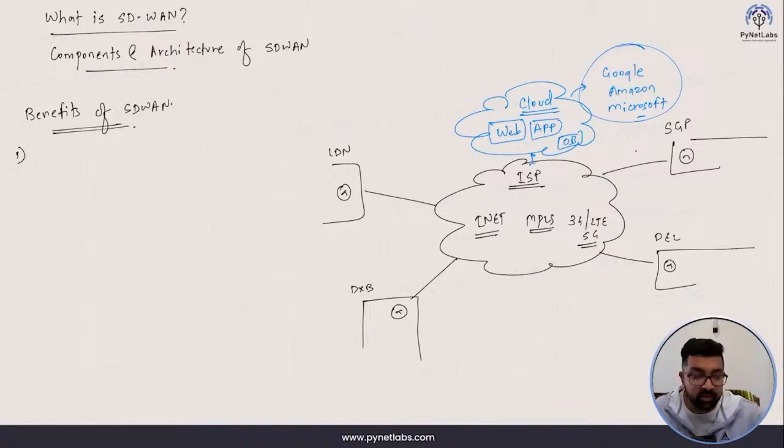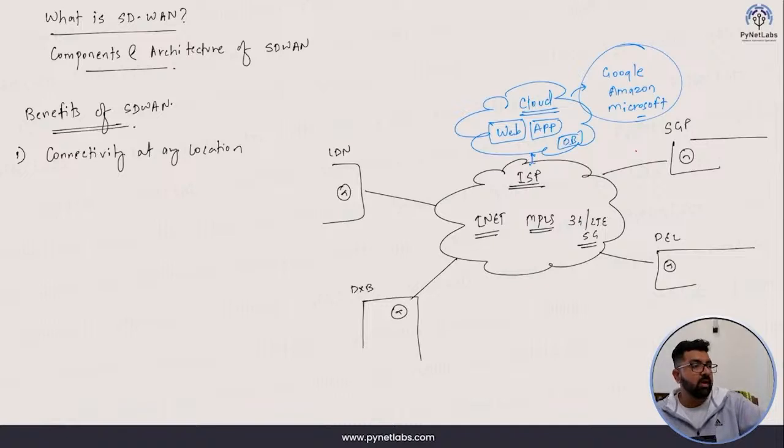Number one is connectivity at any location. What does that mean? You do not really need to deploy your technical team at a specific site. Any technical member of your organization can just connect your WAN-facing devices to the internet, and the device will take care of becoming part of the existing fabric.